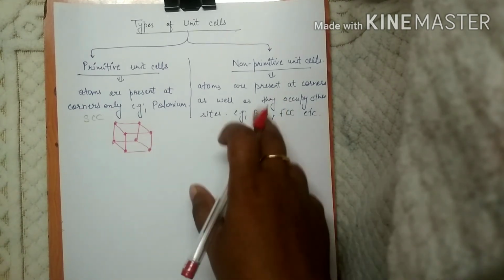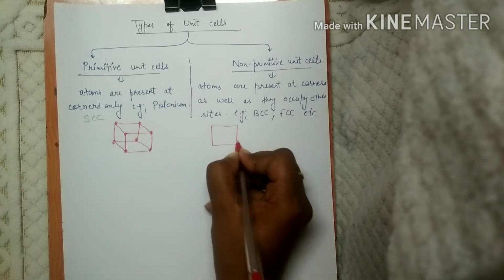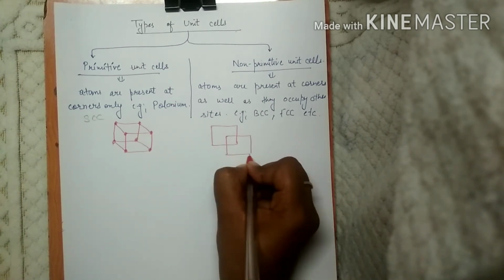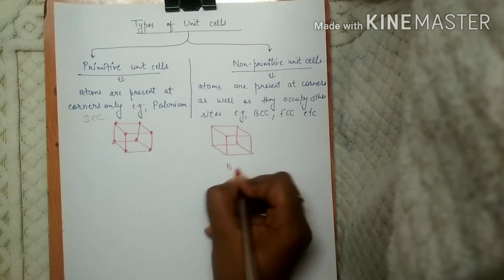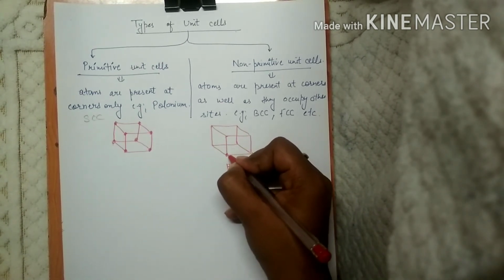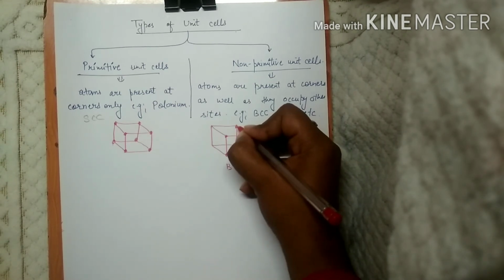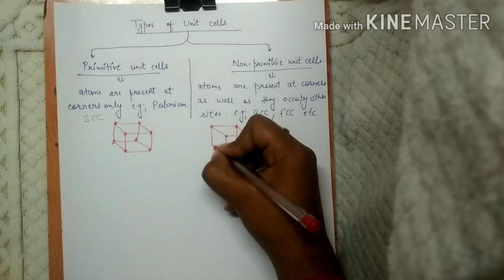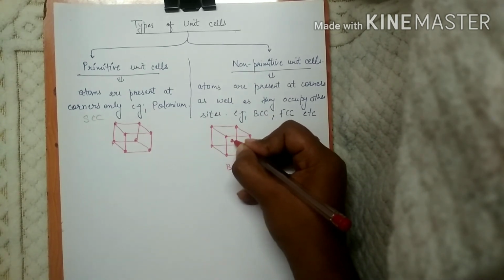In case of non-primitive unit cell, the atoms will be present at the corners, but they will occupy some other site also. For example, I am showing here the case of BCC. Here atoms are present at all the 8 corners, as well as they are occupying the body center also.